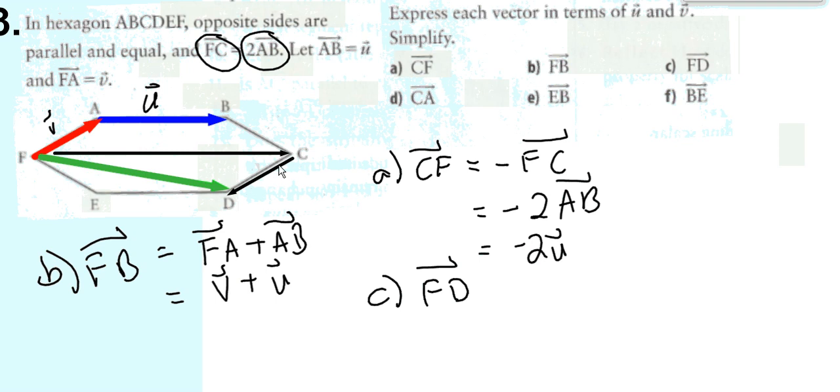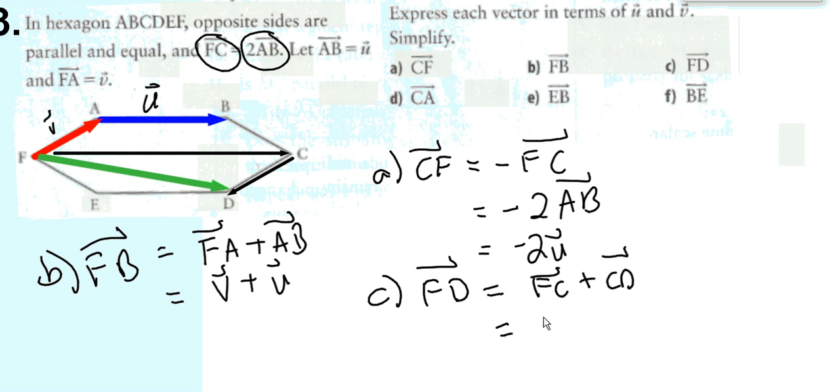Well, CD, we're told, was opposite and parallel, and the same length as vector FA. So we can use V here as well. So algebraically, I'm going to write that FD is equal to FC plus CD. And hopefully you can see that visually, because if I go through C, I could ignore the C and say it's FD. So, you know, you don't always need a diagram.